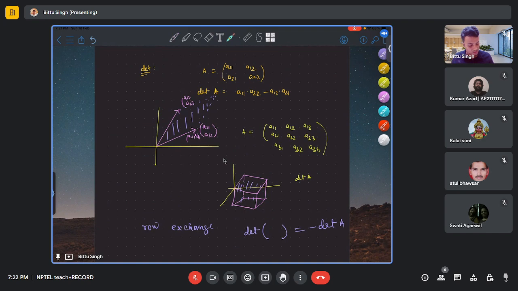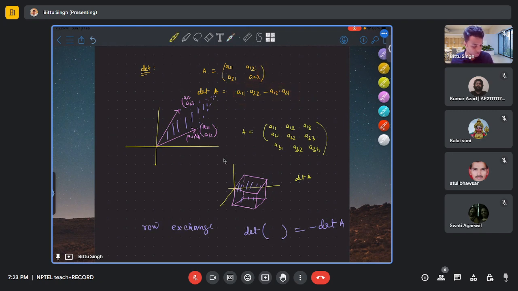This determinant does not only represent area, it also represents the orientation of the two vectors, that is, the second vector is on the left side of the first vector. That's why if you exchange the first and second rows, the sign will be negative.